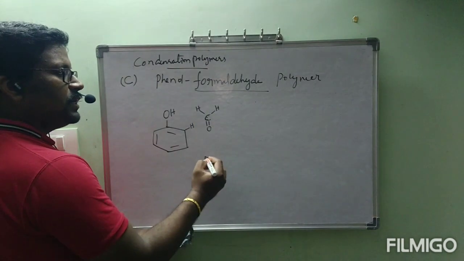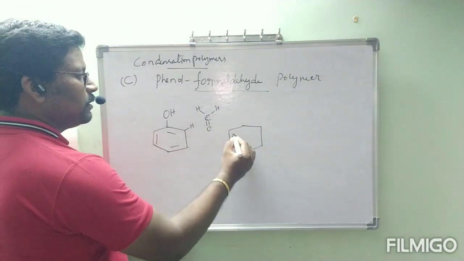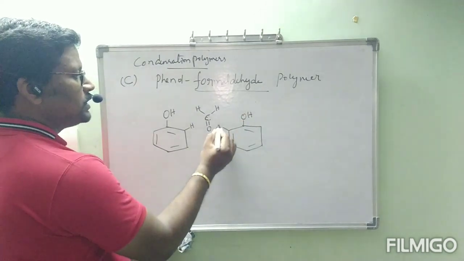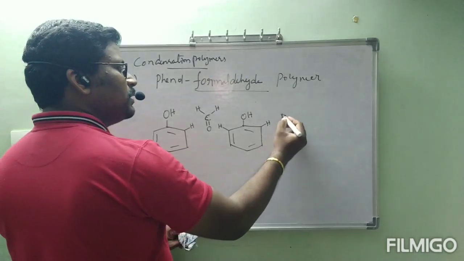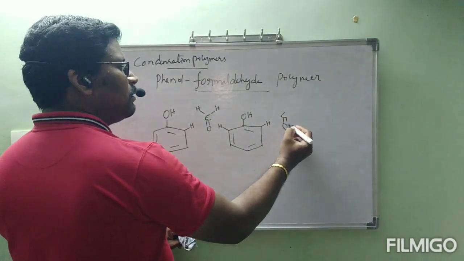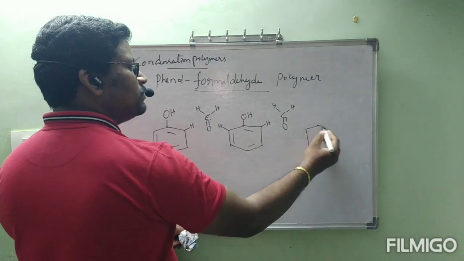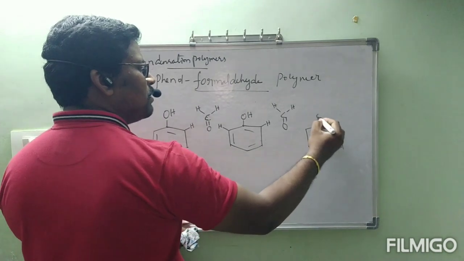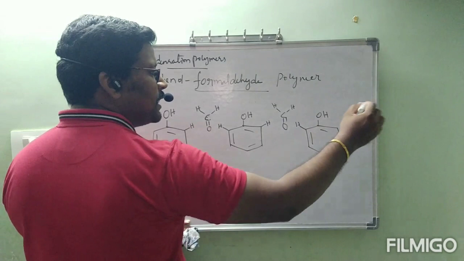Next, one more phenol molecule. Here H is there. Again this phenol contains hydrogen. Again one more formaldehyde. Next, continuation of this phenol with hydrogen here. Again there is hydrogen. It will be continued.